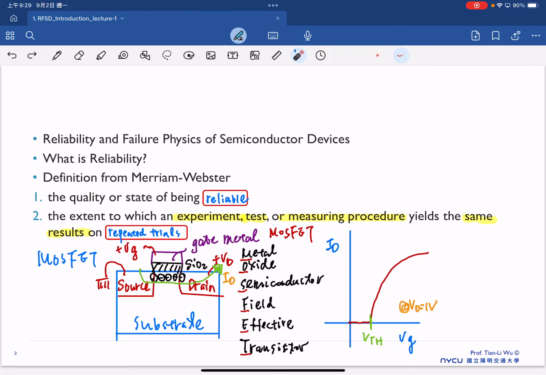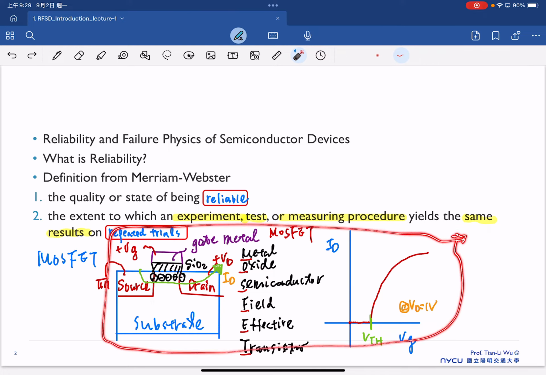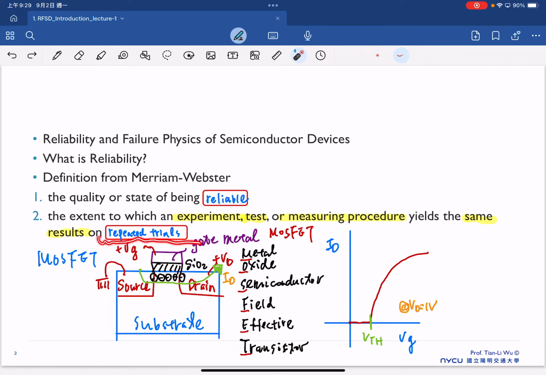So that's up to now. This is something we will learn from semiconductor device physics. For sure, in this class, we will not stop here. But what we are actually interested in for reliability is this term, repeat trials. Repeat trials means you will operate this device 1 time, 10 times, 100 times, 1,000 times, like more than 1,000 times.